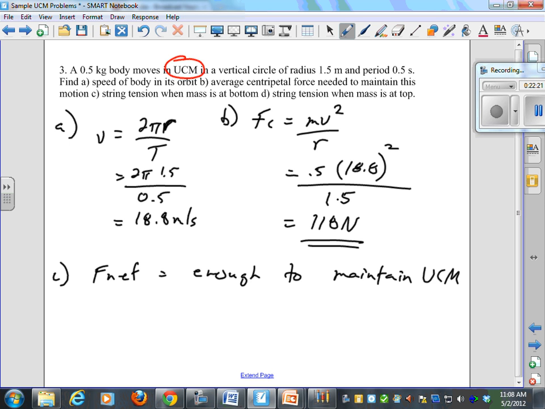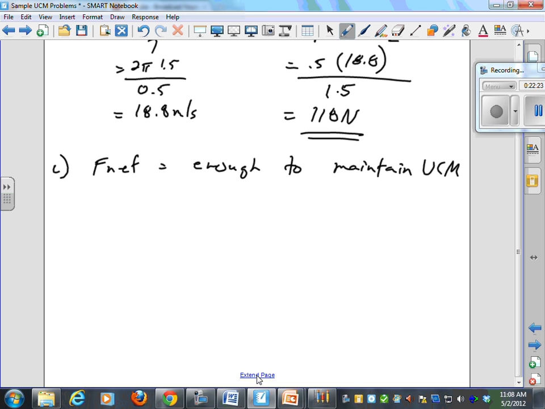Therefore, the net force is that average force that we just calculated, that 118. So the net force, the total of the tension in the string and gravity, is 118. And now we just have to get our directions right.